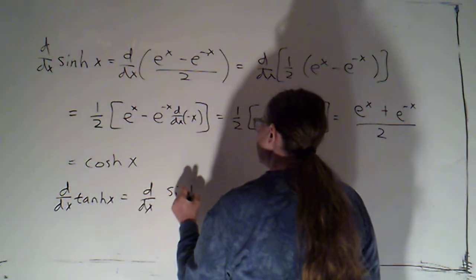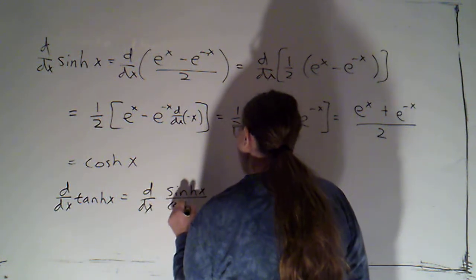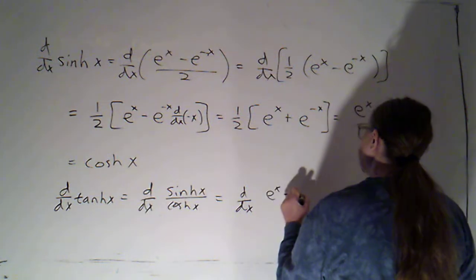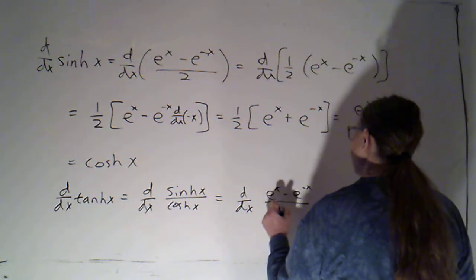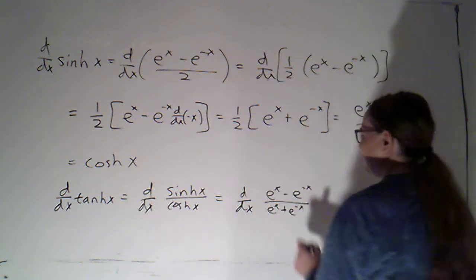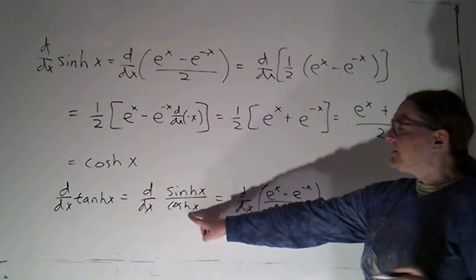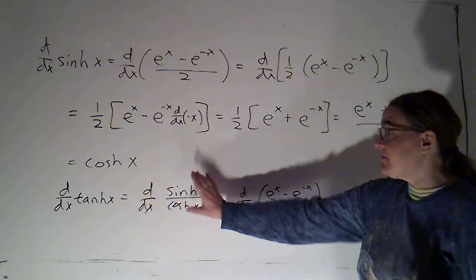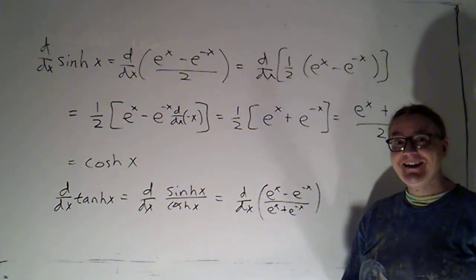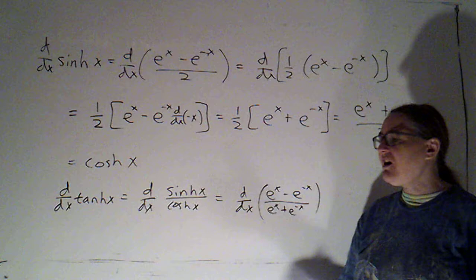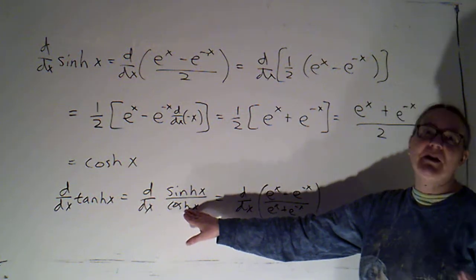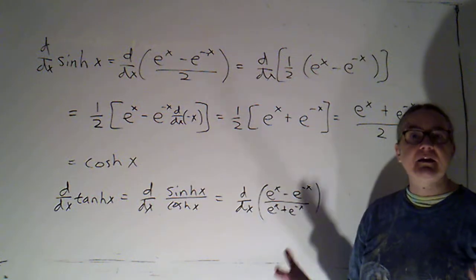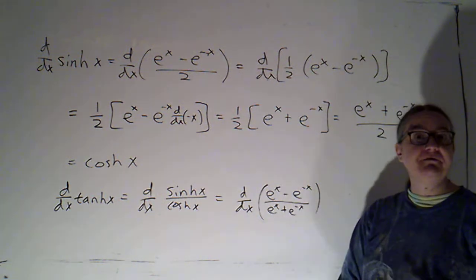I can say that's the derivative of sinh over cosh, or I can say that's the derivative of e to the x minus e to the negative x over e to the x plus e to the negative x. That looks simpler. So if you do the derivative of cosh first, by the time you're taking the derivative of tanh, you know the derivative of sinh and cosh, you'll need quotient rule, but you can just use that description of tanh. Same thing with cotanh, although it's just going to be flipped.